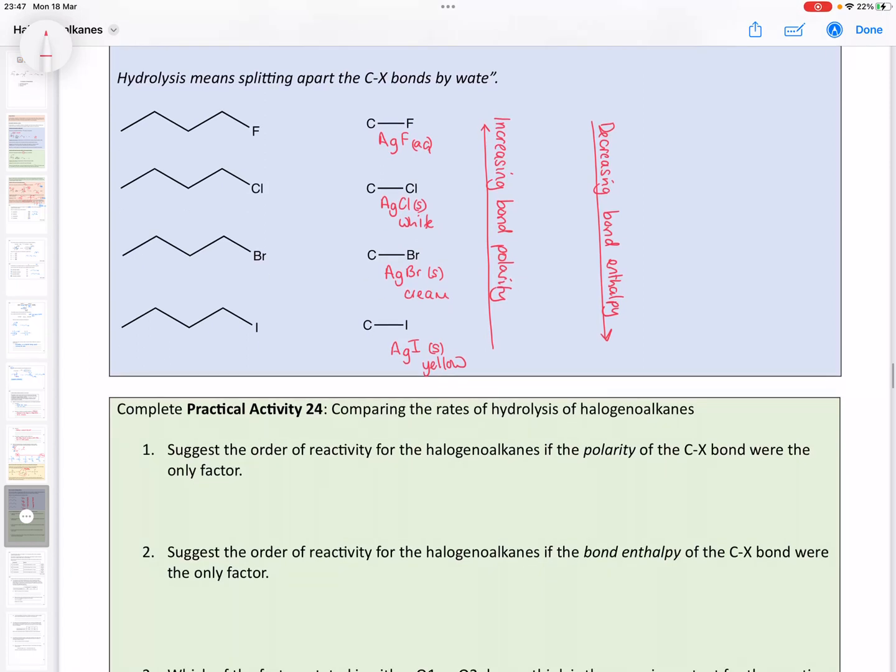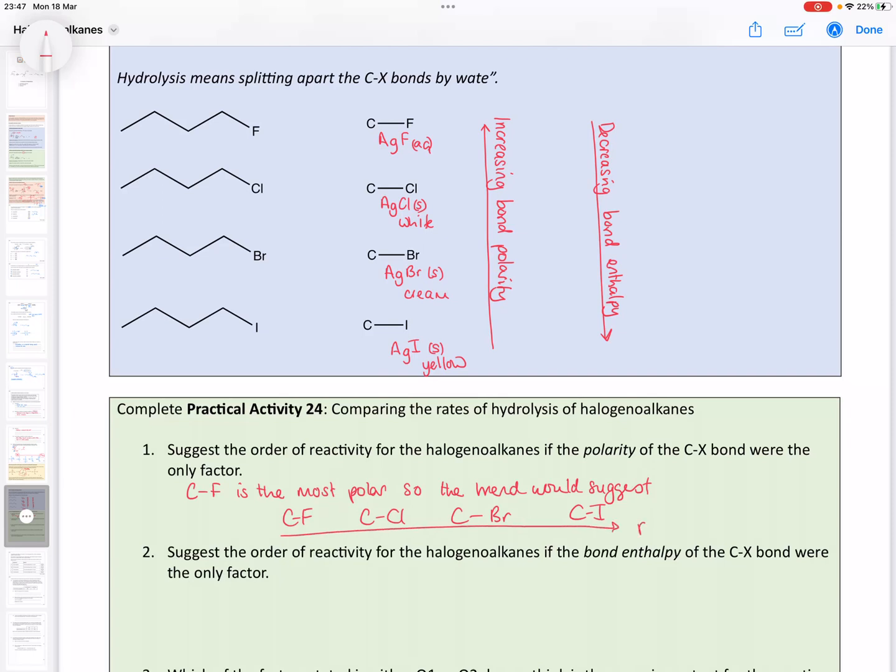So, suggest the order of reactivity if the polarity were the only factor. If we have a look at the trend there, the most polar bond is C-F. So the trend would suggest C-F, C-Cl, C-Br and C-I.